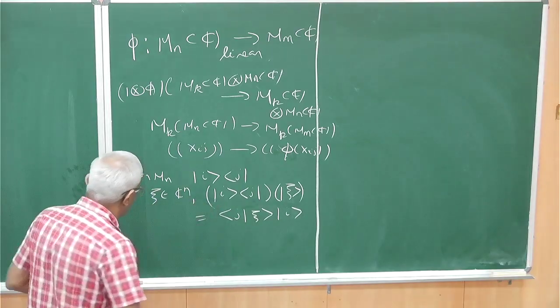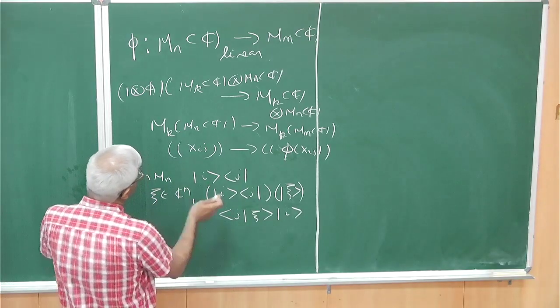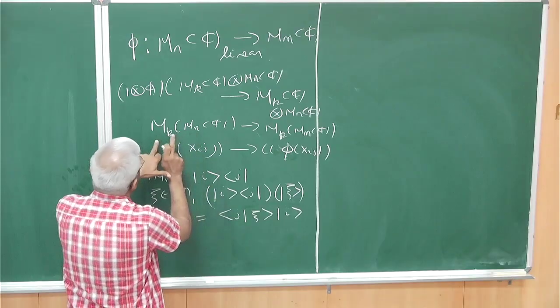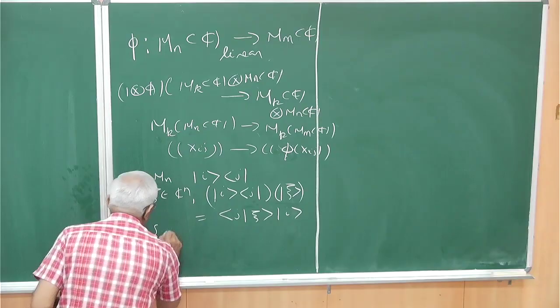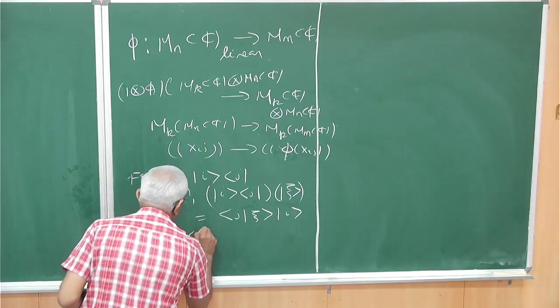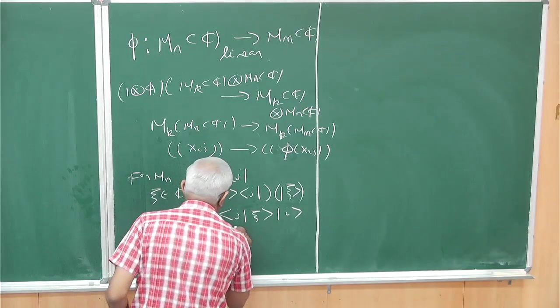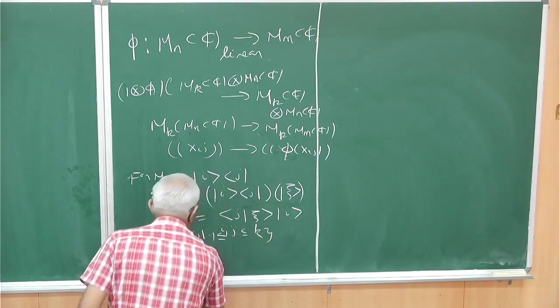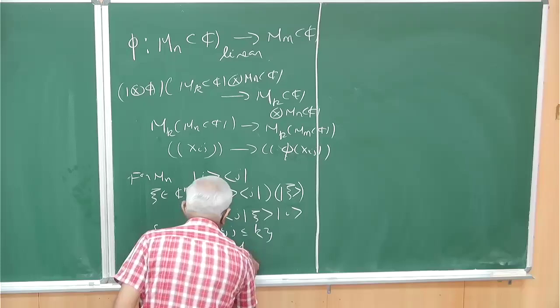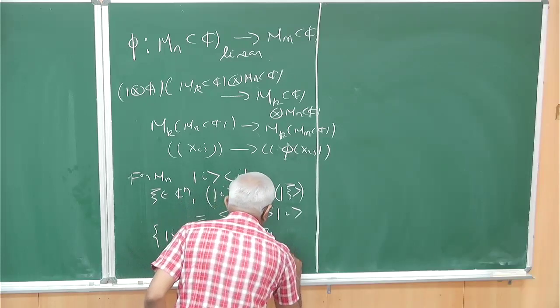These rank 1 operators, with i, j ranging from 1 to k, form a basis for M_k(C).